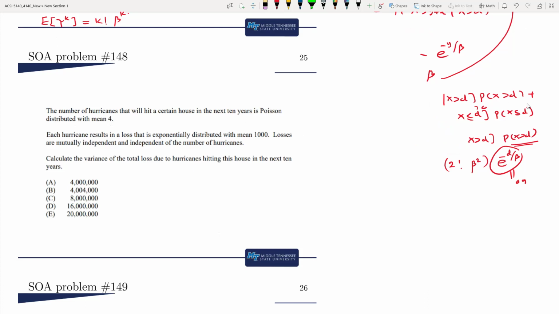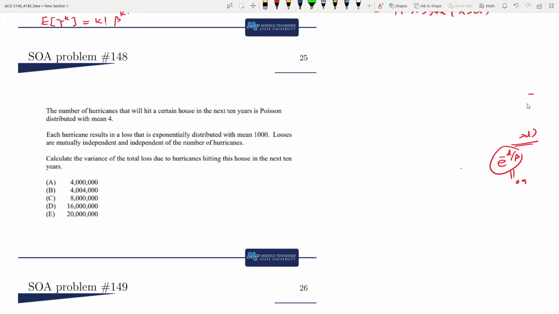And each hurricane results in a loss that is exponentially distributed with mean 1000. Losses are mutually independent and independent of the number of hurricanes. Calculate the variance of the total loss due to hurricanes hitting this house in the next 10 years.